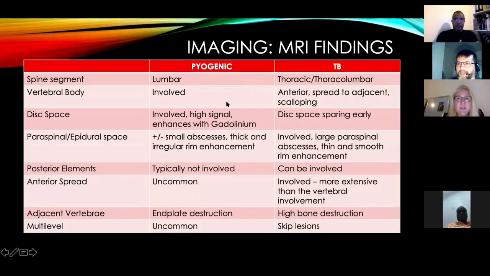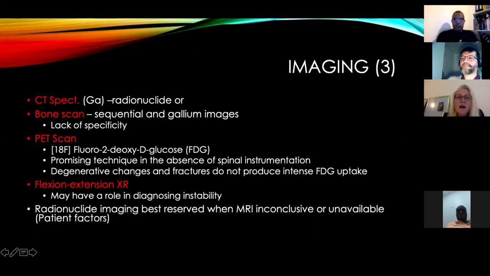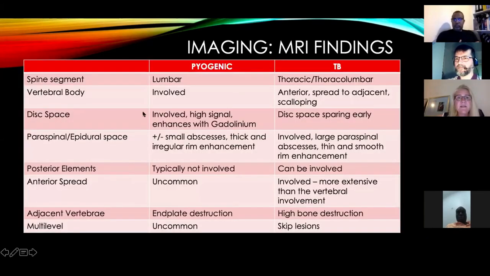The vertebral body is involved in pyogenic, and the disc space is involved in pyogenic, whereas in TB, you tend to get disc space sparing early on in the disease, and you tend to get anterior spread of the disease beneath the anterior longitudinal ligament, which jumps the disc and goes to the next vertebrae and produces scalloping of the anterior border of the vertebrae.